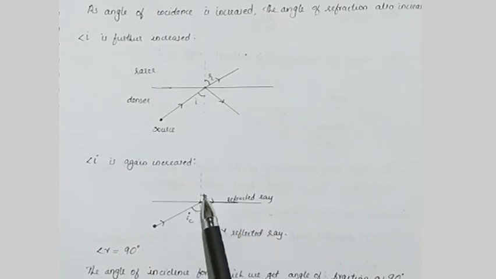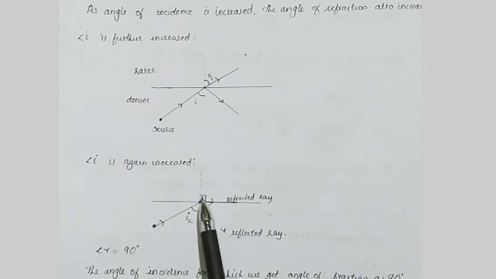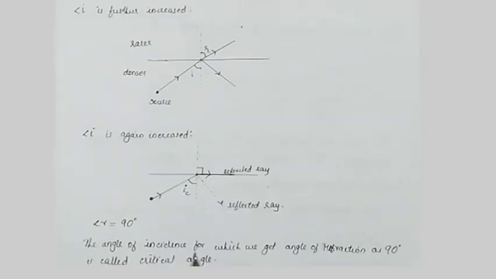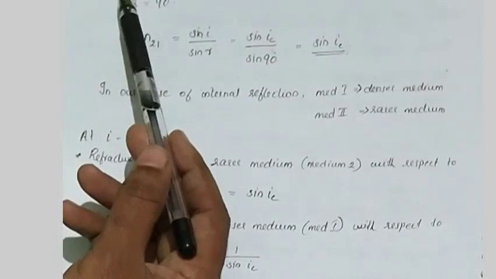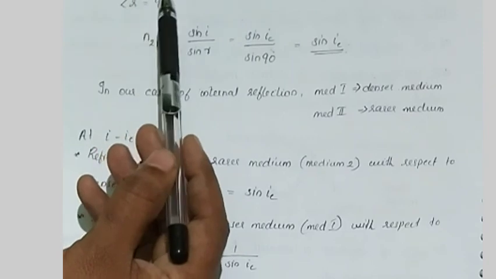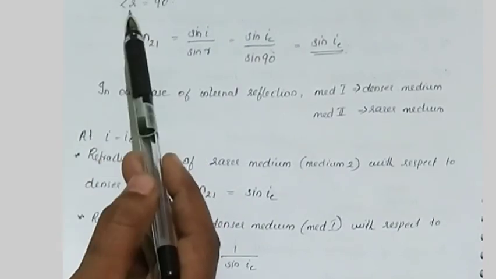That is, the angle of refraction is 90 degrees. The angle of incidence for which we obtain the angle of refraction as 90 degrees is called the critical angle.